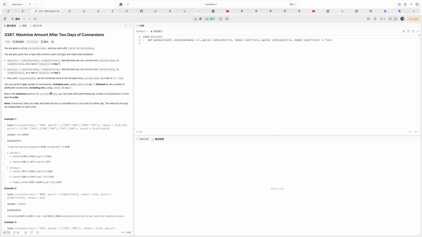Return the maximum amount. It says you can do a lot of conversions if you want, and you don't have to do any conversions. Okay.